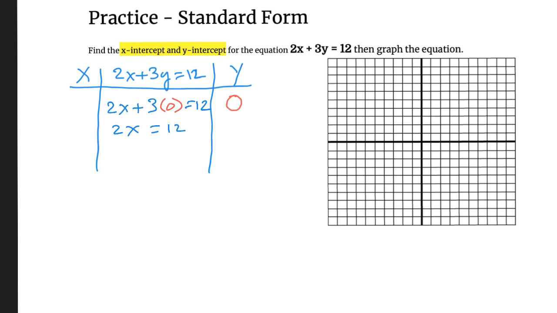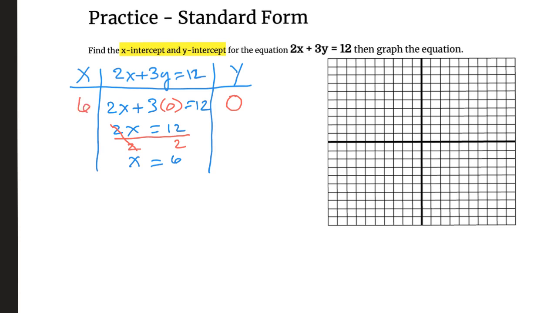And then from here, I'm going to divide by 2 on both sides. The 2's reduce down, and I'm just left with x over here. And then 12 divided by 2 gives me 6. So when y is 0, my x value is 6.